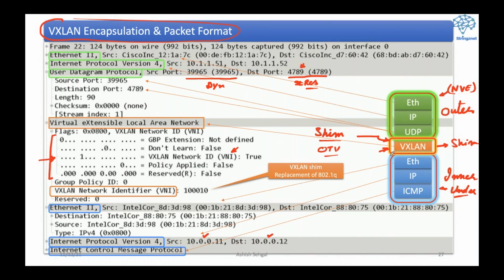So VXLAN acts as just a washer to join strongly the underlay and the overlay with a strong washer called the VXLAN header.